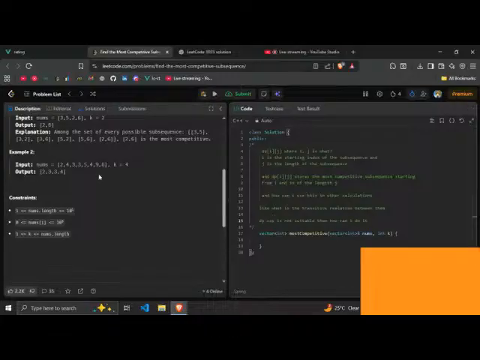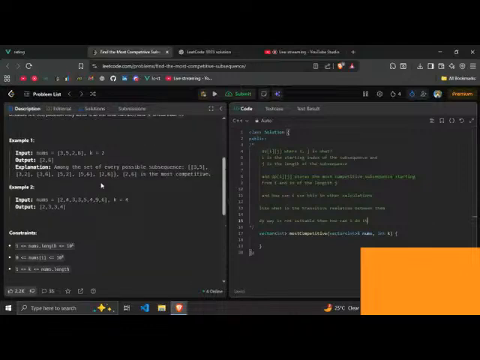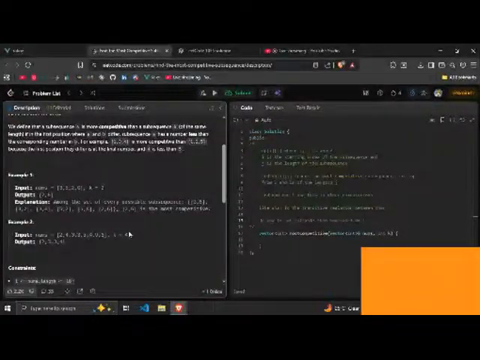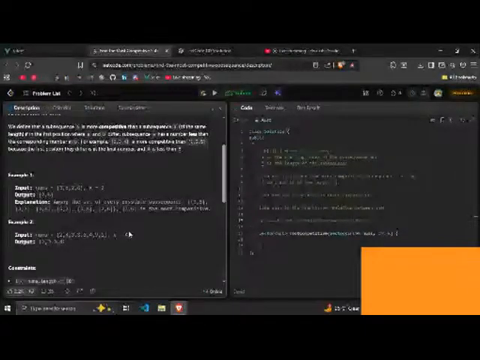So for an index, what if? There is 3 5 2 6 and k is 2. For an index, what if I store the next minimum index? 3, after that I can get 2.